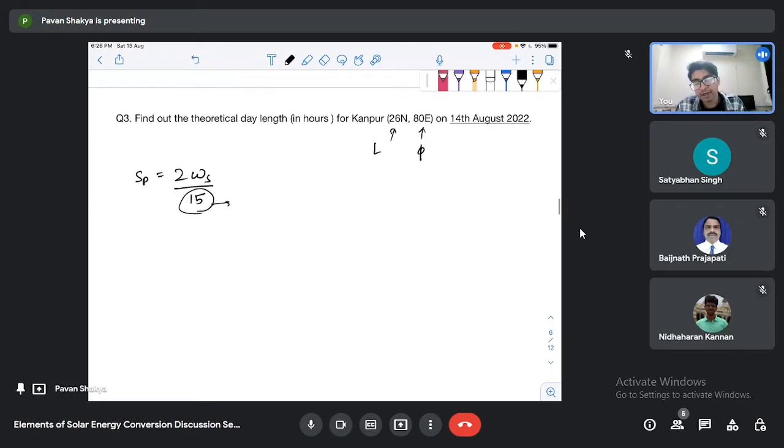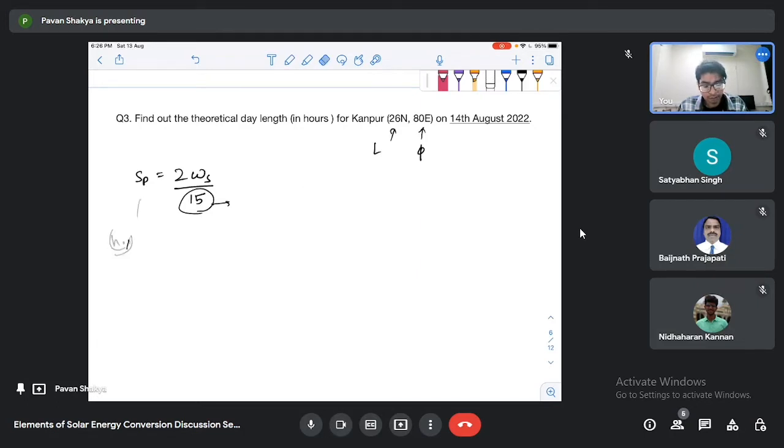As I have told you, omega s is used in terms of angle. That is why, to convert this 2 omega s in terms of hours, we have divided it by 15. So this SP will then be in hours.